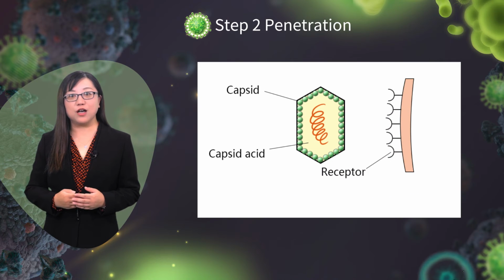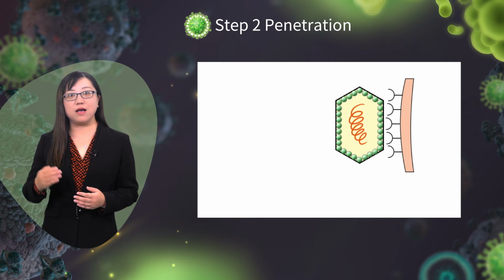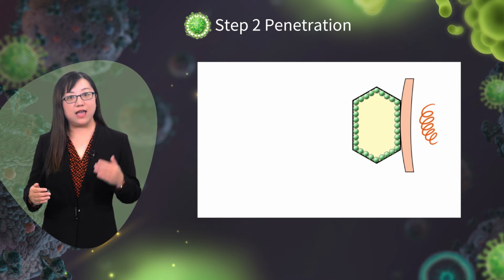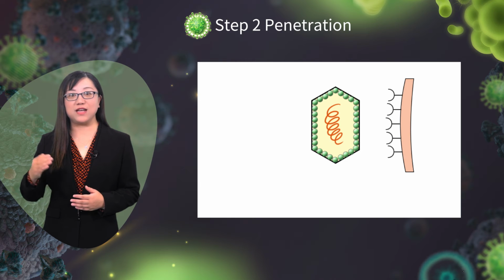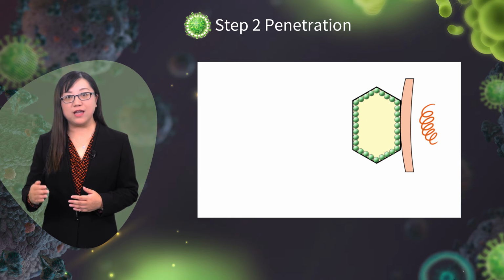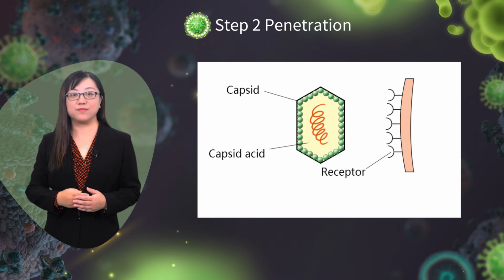Interactions between multiple viral attachment proteins, VAPs, and cellular receptors initiate the internalization of the virus into the cell. The mechanisms of penetration depend on the virion structure and cell type, which could include direct penetration, fusion, and endocytosis.